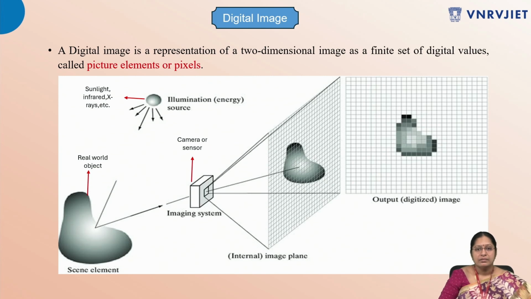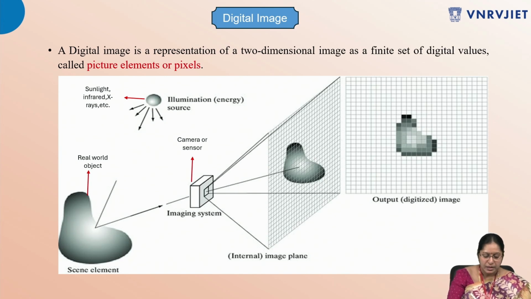Next, coming to the digital image: a digital image is a representation of a two-dimensional image as a finite set of digital values called picture elements or pixels. Each pixel defines the intensity or brightness of the color. Here is an example of the formation of a scene element or real-time object into a digital image.